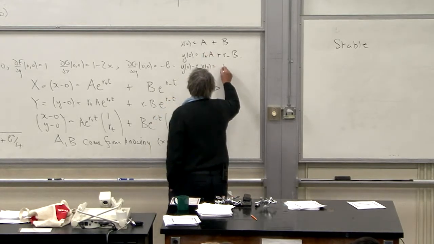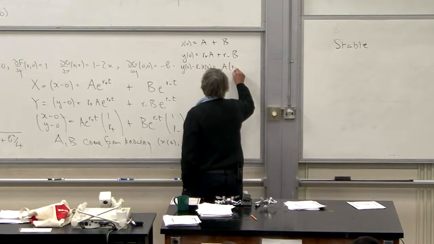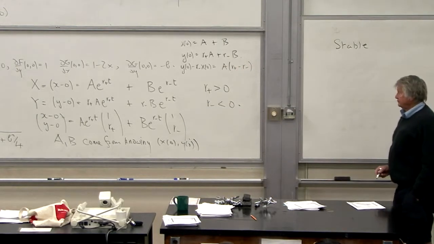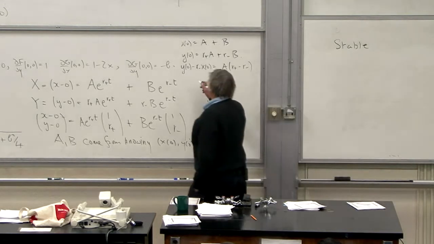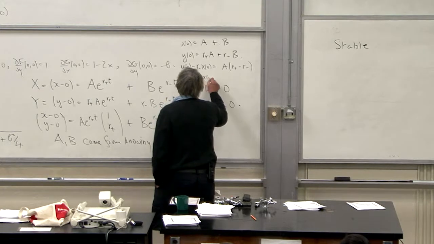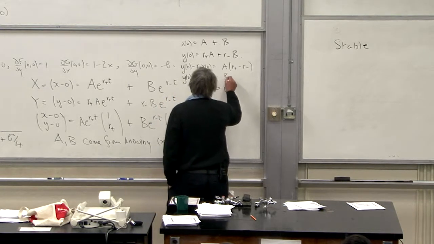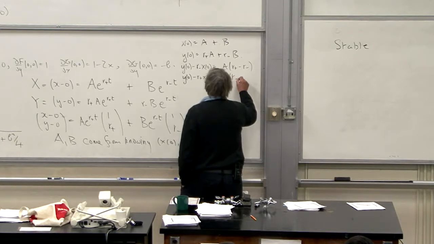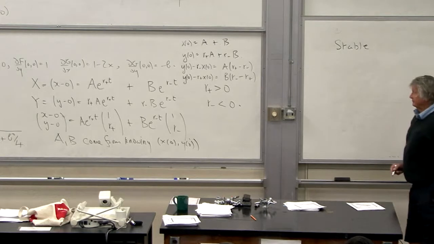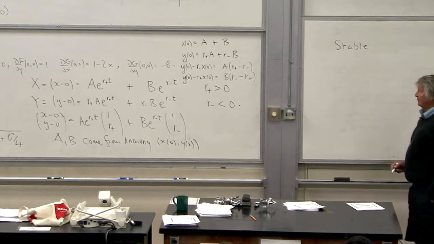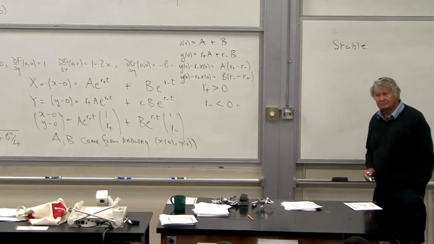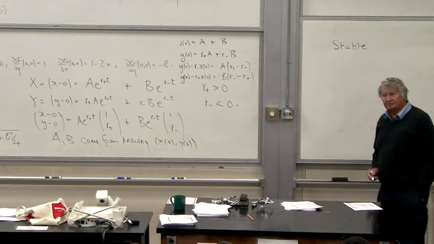That's equal to A times R plus minus R minus. And to get B, I'll do the same with the plus. Y naught minus R plus of x naught is B times R minus minus R plus. Okay? So now you have A and B.